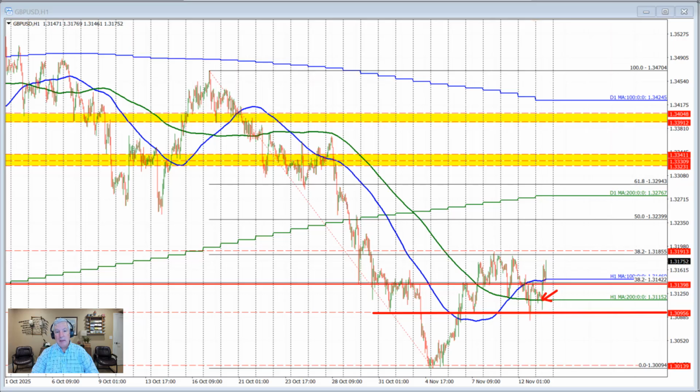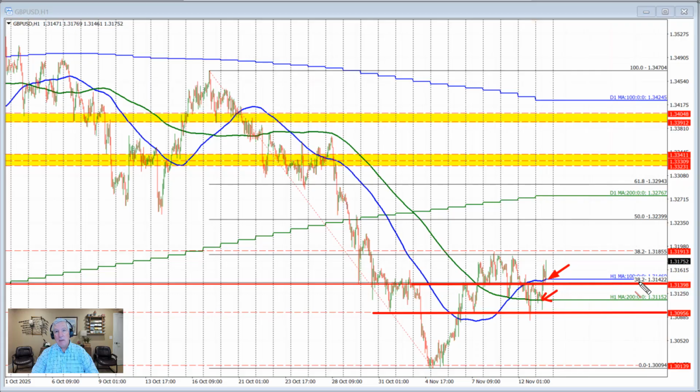And since then, we've moved above the 100-hour moving average, moved above the old 38.2% retracement. It's not of this move to the downside, but anyway, it's holding the 100-hour moving average, and perhaps even this swing area right through here gave the buyers a go-ahead to push to the upside.